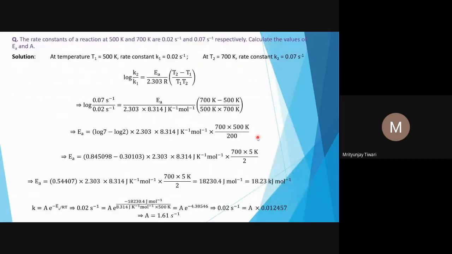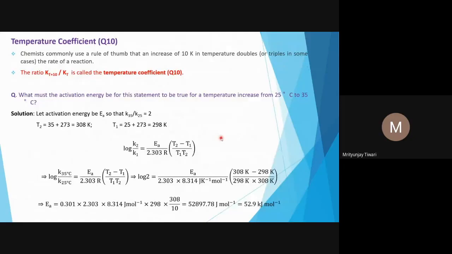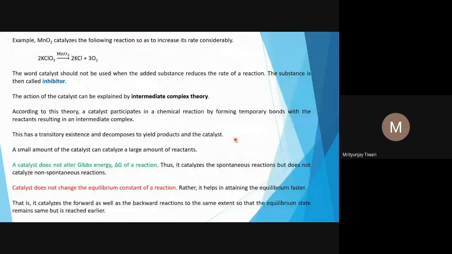The formation of this intermediate has a lower barrier, and further conversion also has a lower barrier. It changes the pathway, but this pathway has all the barriers lower than the barrier in absence of the catalyst. So although the number of steps with the catalyst increases, the reaction barrier decreases, and that is why the rate of reaction increases in the presence of catalyst.